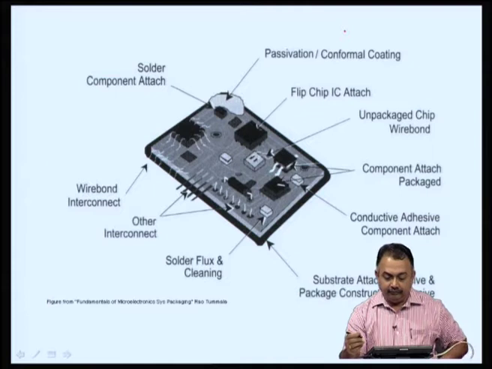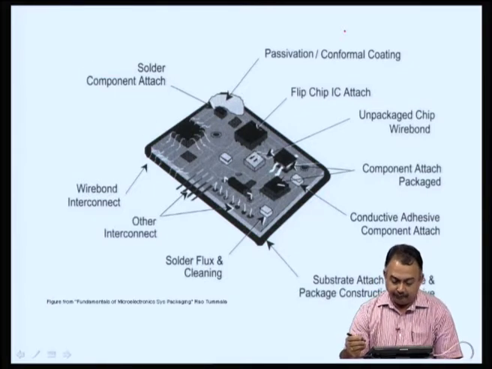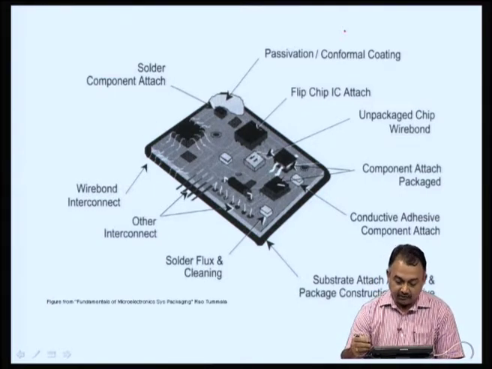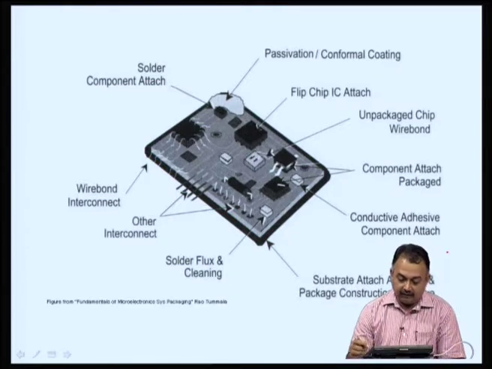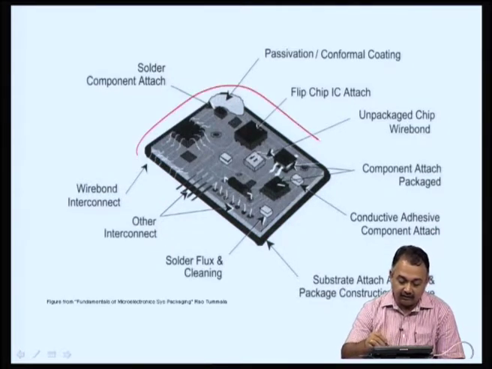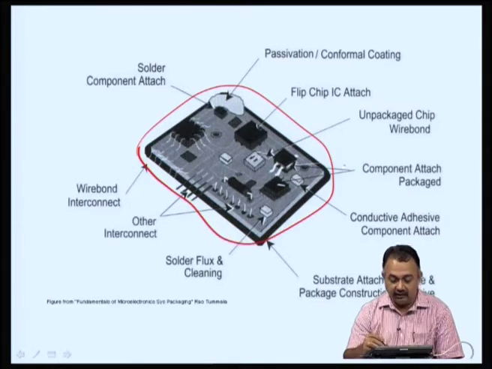Now, this figure probably is a bit too early, but I will try to explain how for such an automotive electronic system you have a situation where you have a system level board. This is a system level board where the individual ICs are packaged and mounted on a substrate.